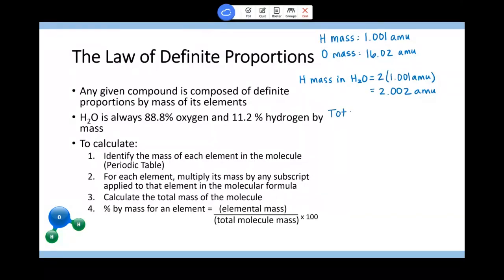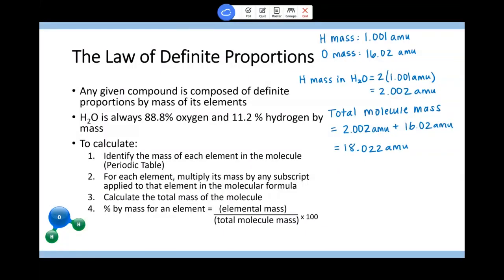So we have elemental mass, we need total molecule mass, which is 2.002 for 2 atoms of hydrogen plus 1 atom of oxygen, 16.02. Okay, so the total mass of 1 water molecule is 18.022 atomic mass units.